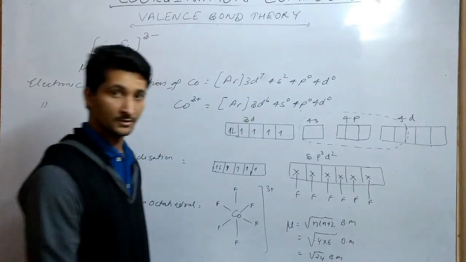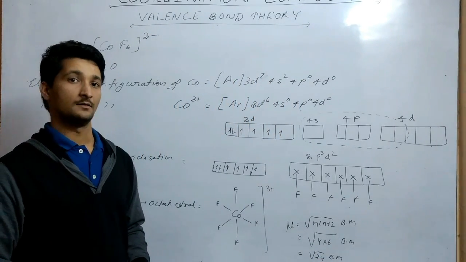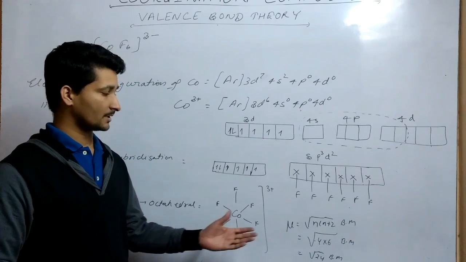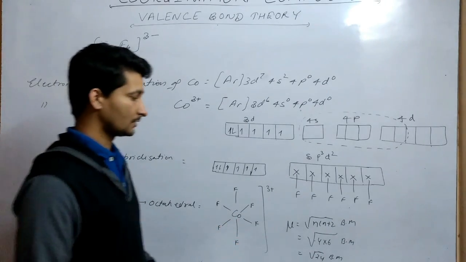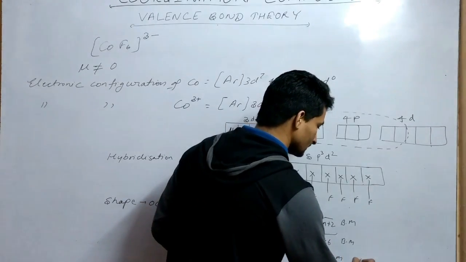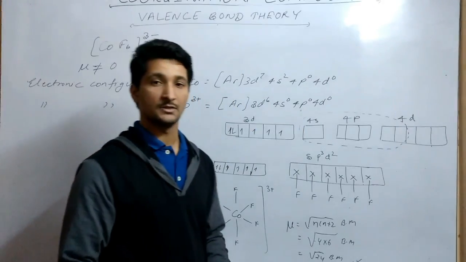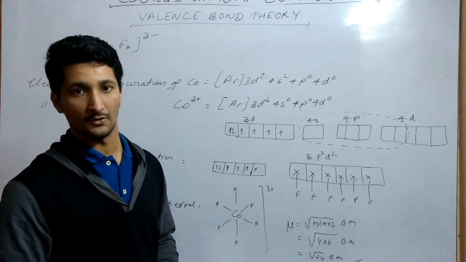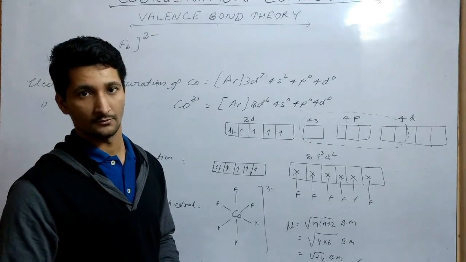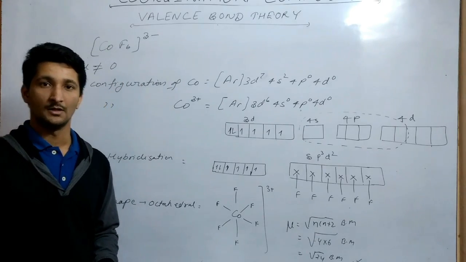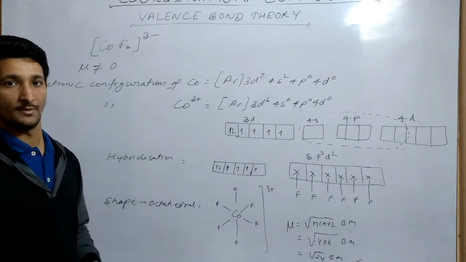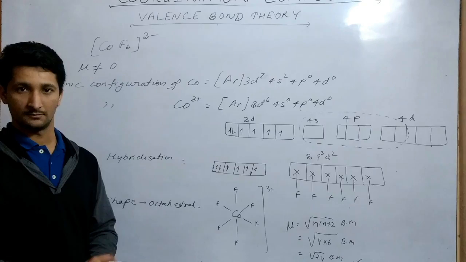And one more thing is that when it was measured using a magnetometer, it was found that this calculated value is very close to the experimental, the observed value. Okay, so we can say that this concept of valence bond theory to determine the magnetic moment is correct.